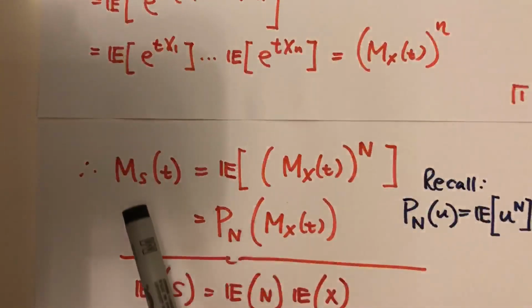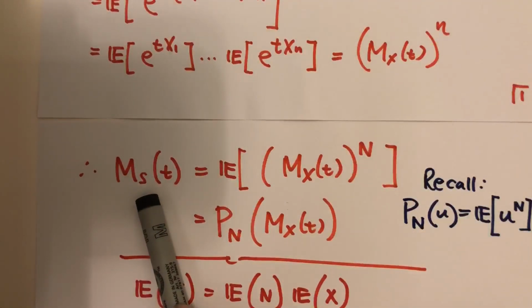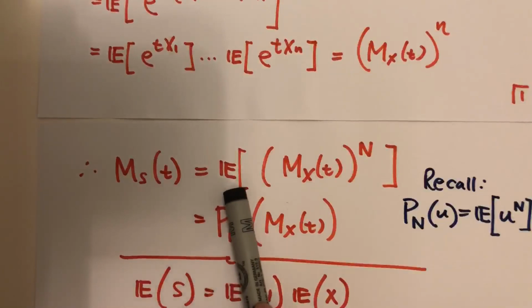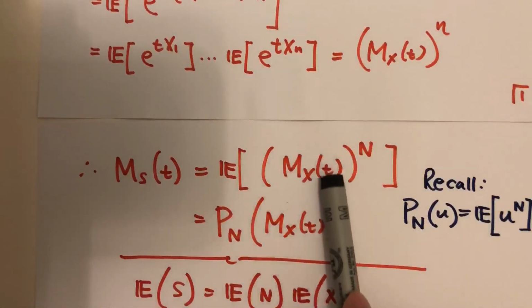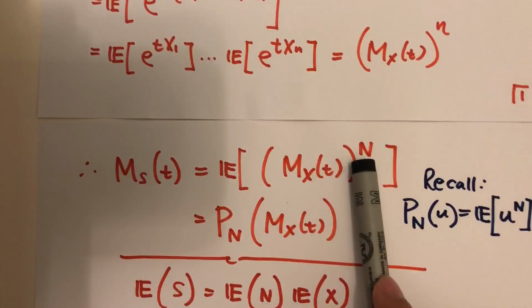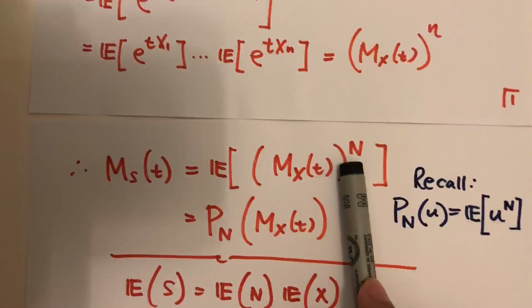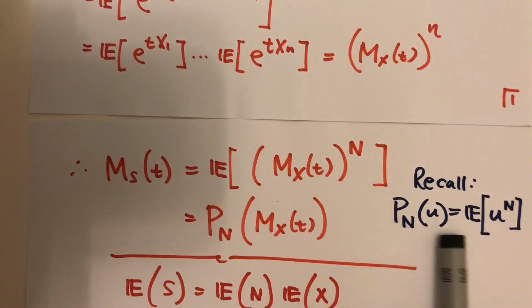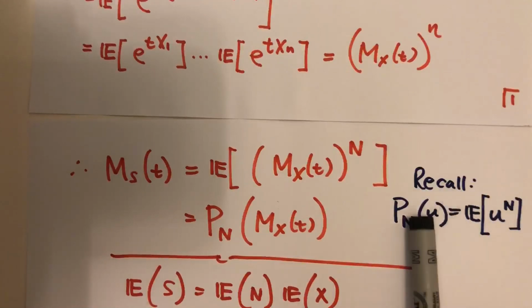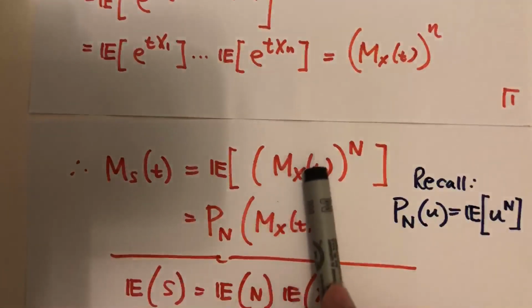that the MGF of the aggregate payment S is just the expectation of the MGF of X raised to power N. And then because the PGF of N is defined like this, where u is the dummy variable, now u is replaced by this M_X(t).